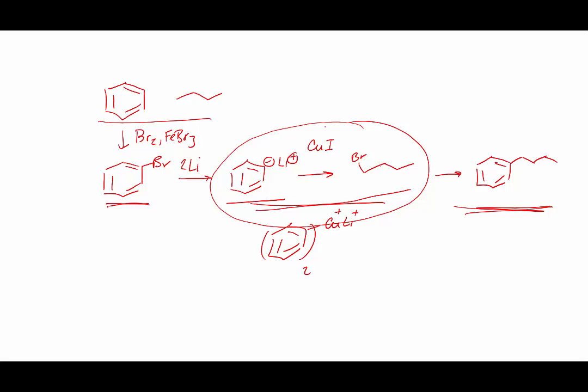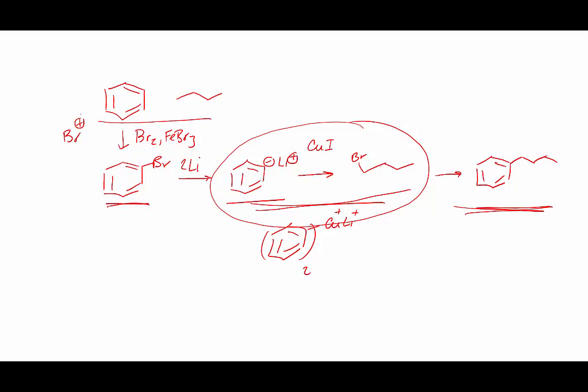Okay. So do you need both the Br2 and the FeBr3? Yes. You have to have the FeBr3 to make the Br2 into a full-blown Br+, because only that's strong enough to add to the benzene ring. So just Br2 isn't strong enough. Is that the only other thing that can be with the Br2 that's strong enough to add?